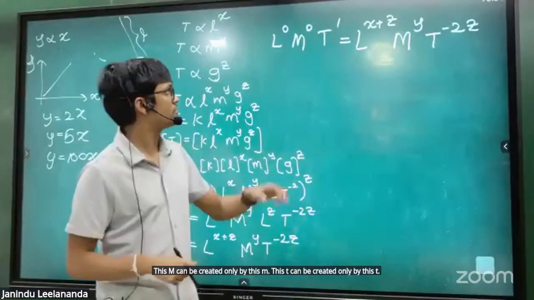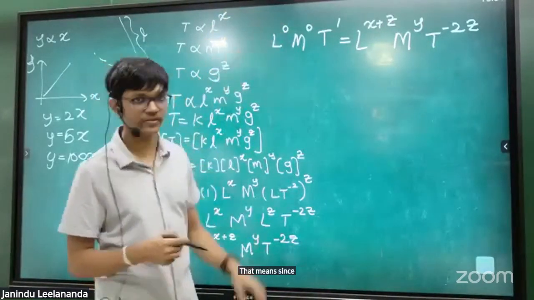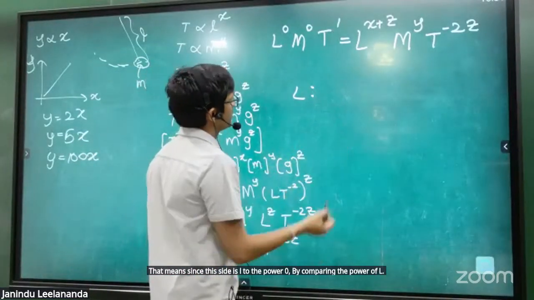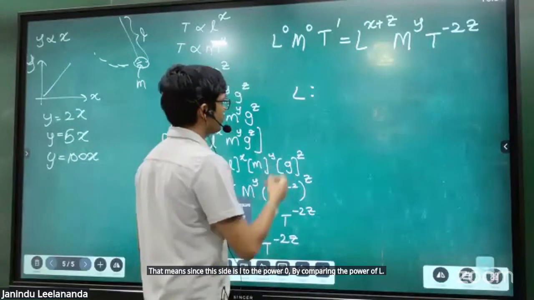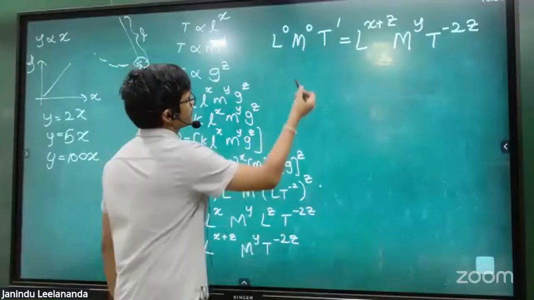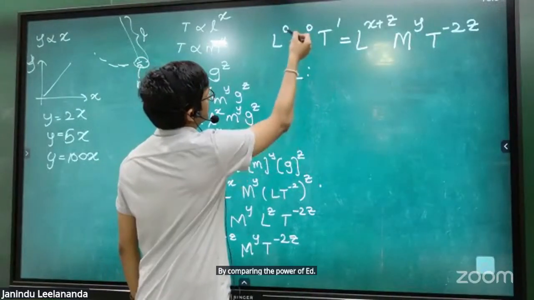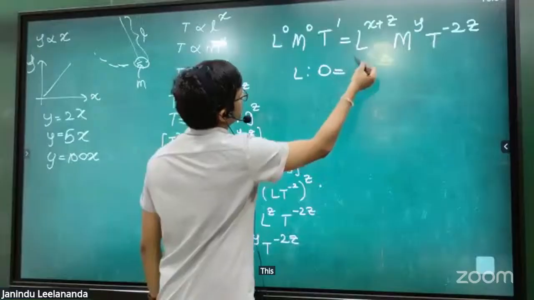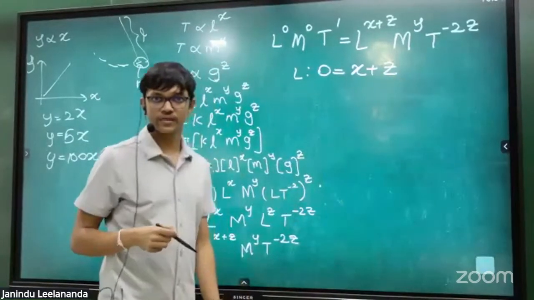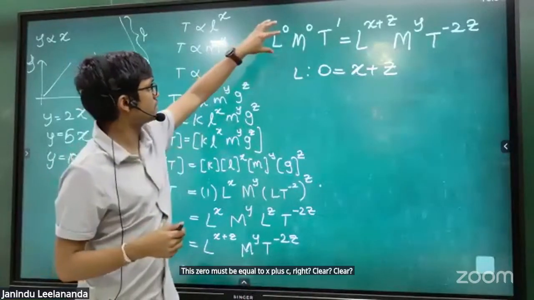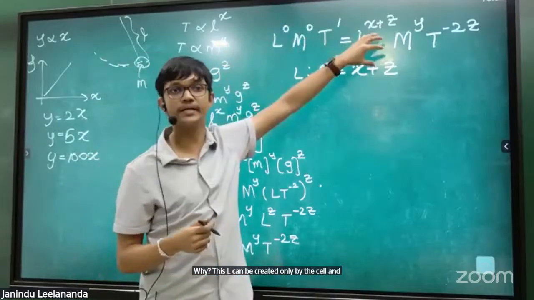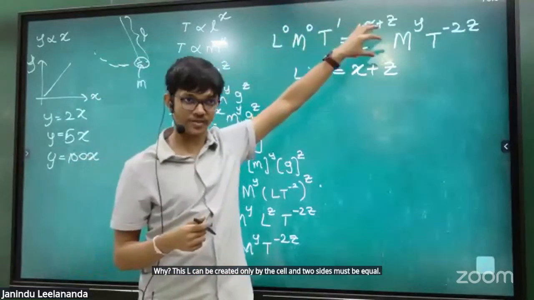That means since this side is L to the power 0, by comparing the power of L, this 0 must be equal to x plus z, right? Clear? Why? This L can be created only by this L, and two sides must be equal.